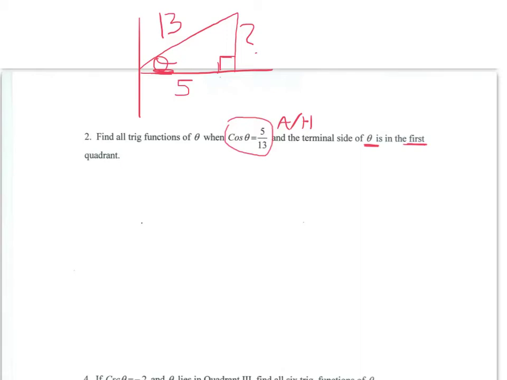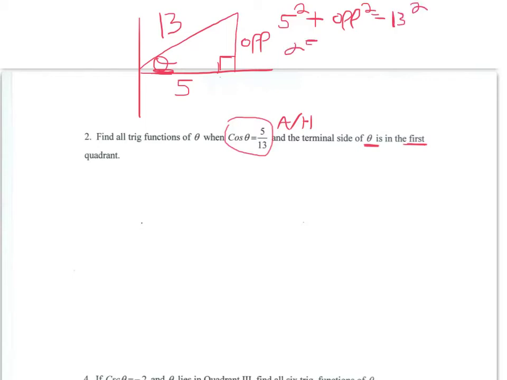Well, let's just do the quick work for it. If you didn't remember that it was 12, you could use Pythagorean's formula. 5 squared plus, I'm going to say this is the opposite side, the opposite side squared equals the hypotenuse squared, which is 13.